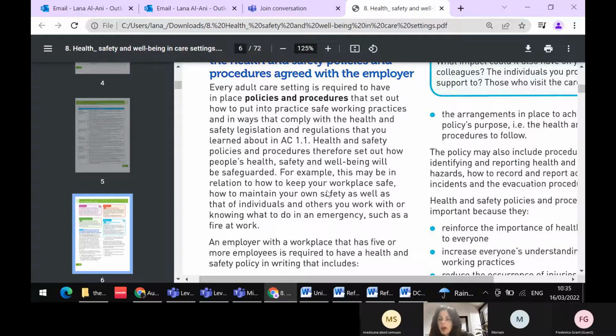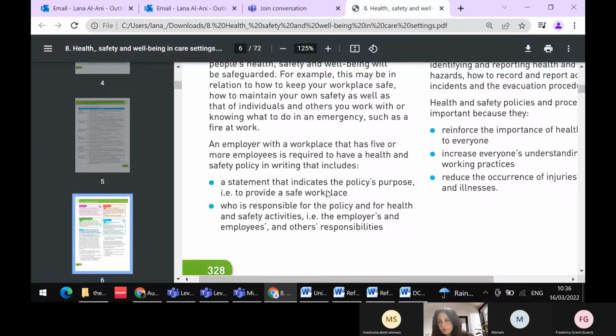So for us, we need to keep the workplace always safe. We need to keep ourselves safe. We need to take care of our clients and make sure they are safe. We need to know what we do in an emergency, if there is any fire, or any food hazard, what we should do. So we need lots of training.